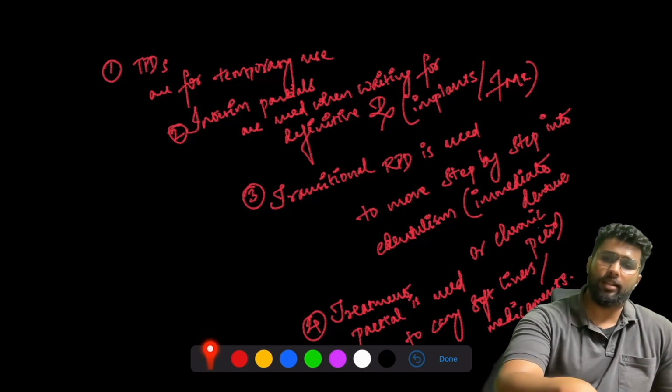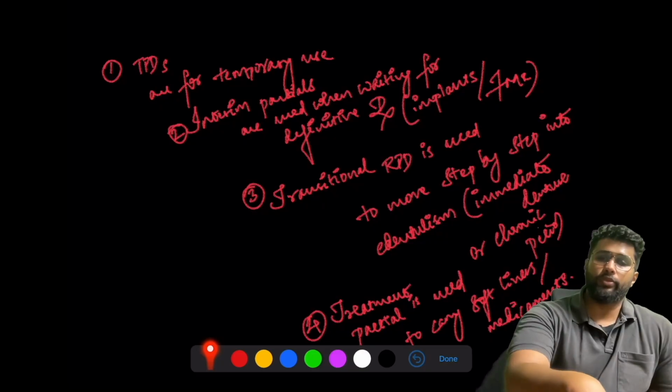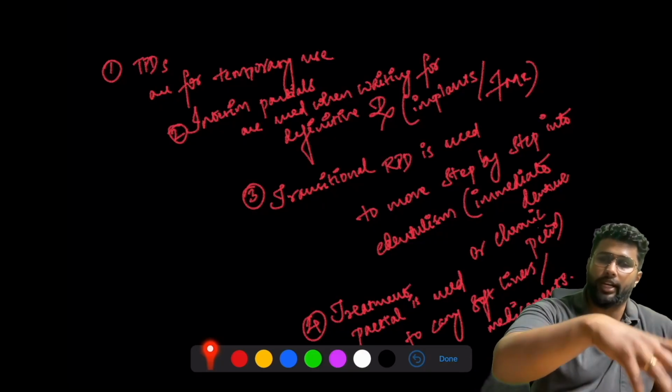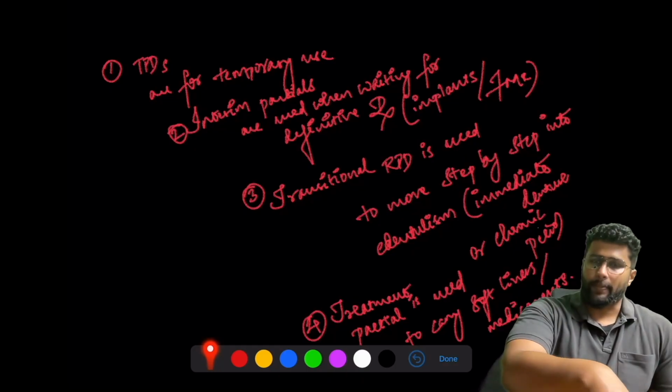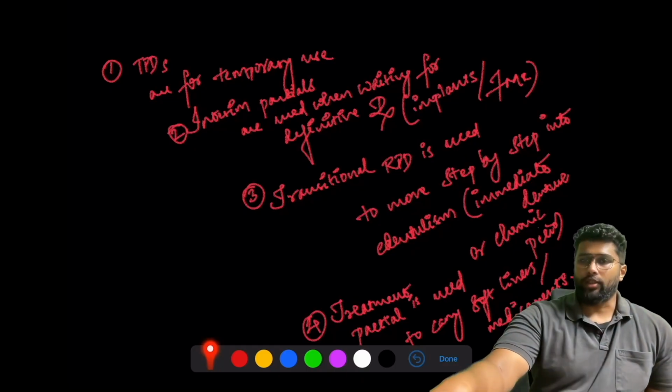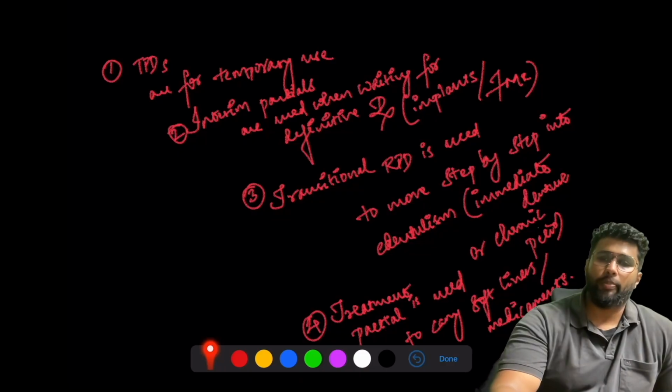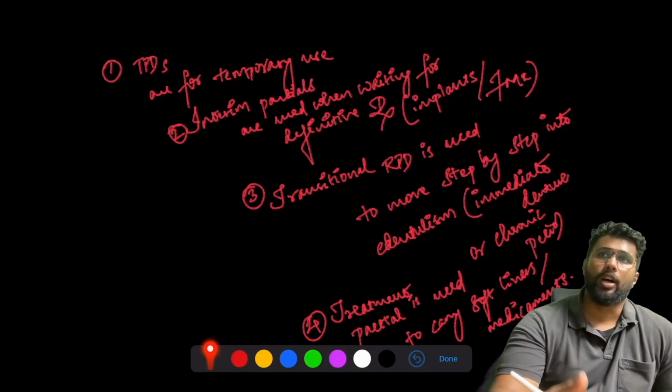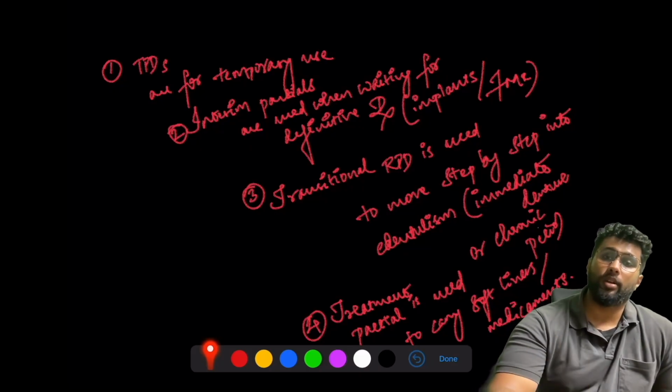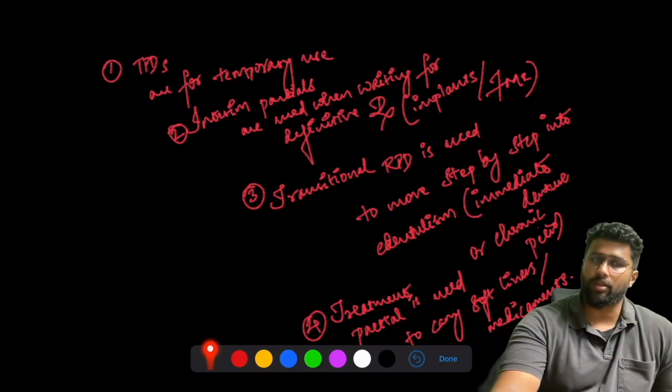Now, a transitional RPD is something that is used when you're transitioning the patient from a state of partial edentulism or dentulism to edentulism, which is often seen when your patients are chronic periodontal patients or they have severe kinds of inflammation, and you have to go ahead and extract the teeth, but the patient is not ready to get all the teeth removed, or the patient's health does not permit such an operation.